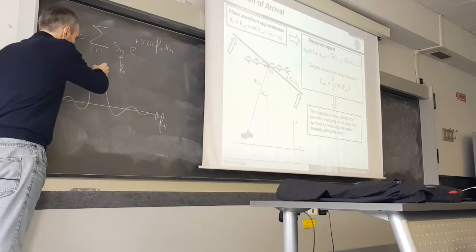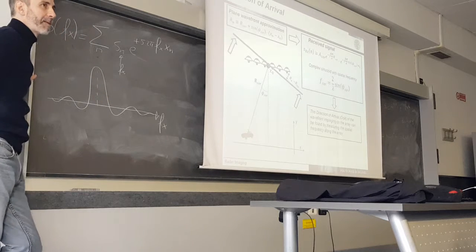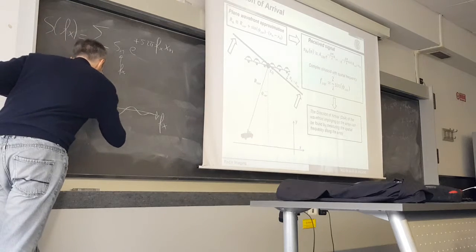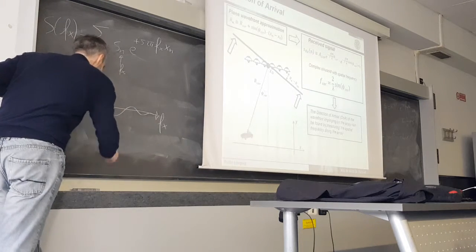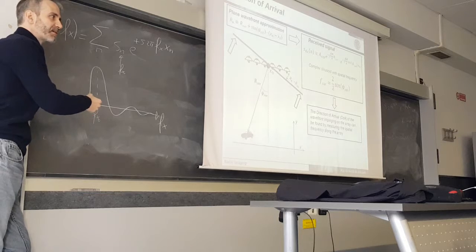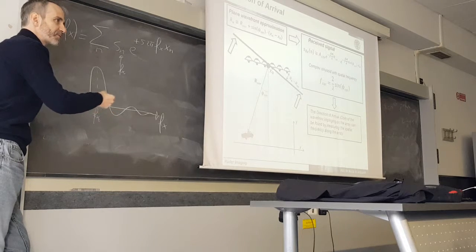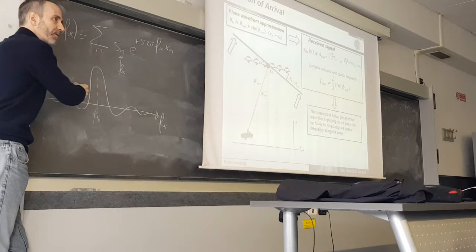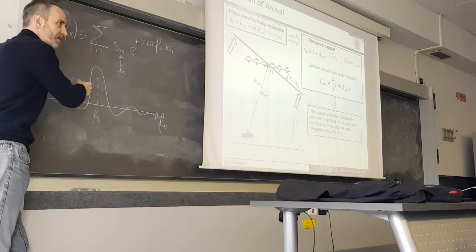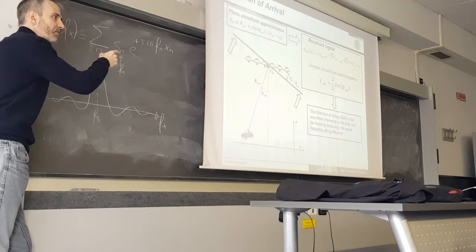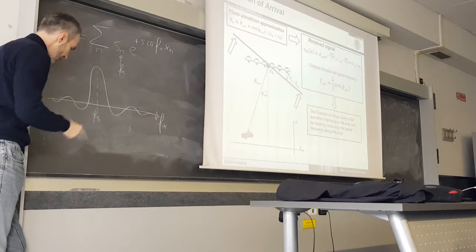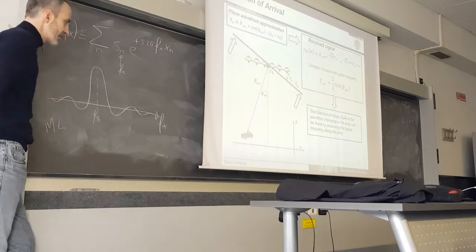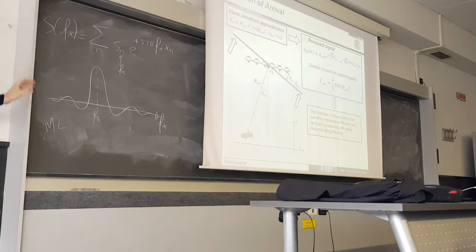What is the position of the peak? fx0. So the position of the peak is telling us the true frequency of the target. And this is optimal if you assume that your signal is contaminated by white noise. This is a maximum likelihood, for those who are studying estimation theory.